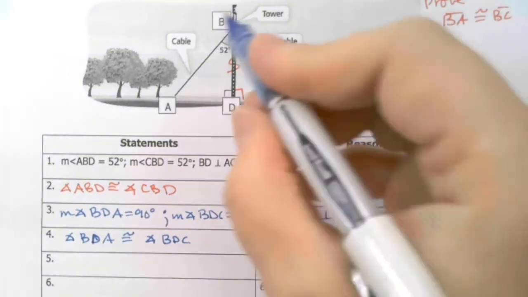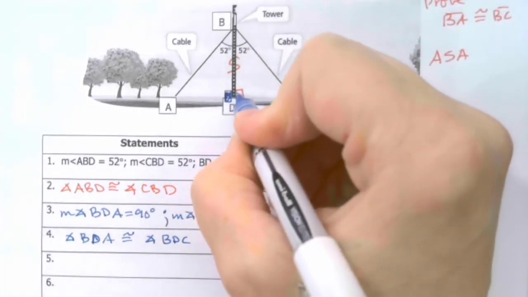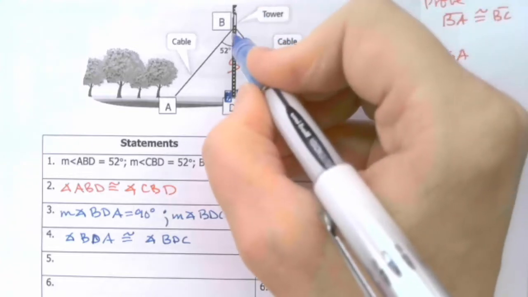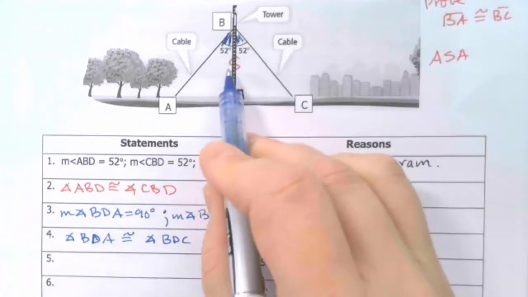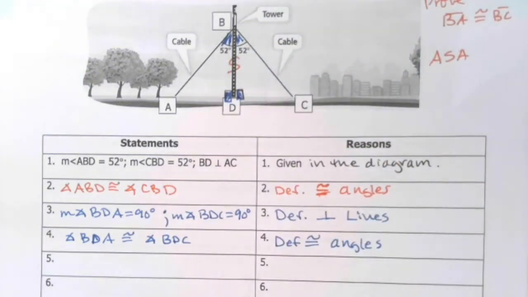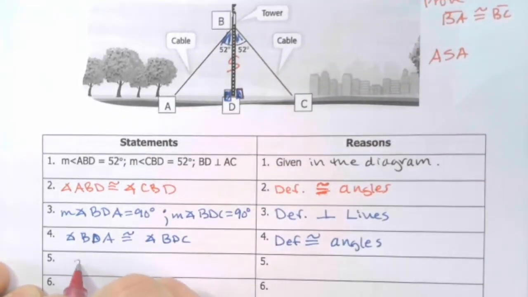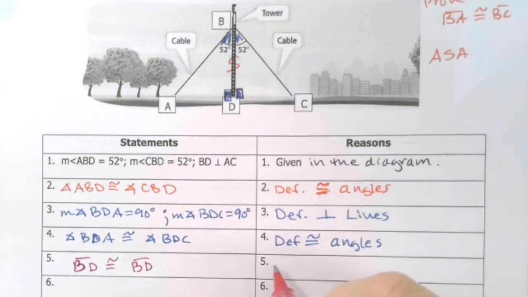Okay, so we've got these two angles, we've got these two angles. Now we need that side. So we're going to say that side BD is congruent to side BD because of reflexive property of congruence. Now we've got our triangles.